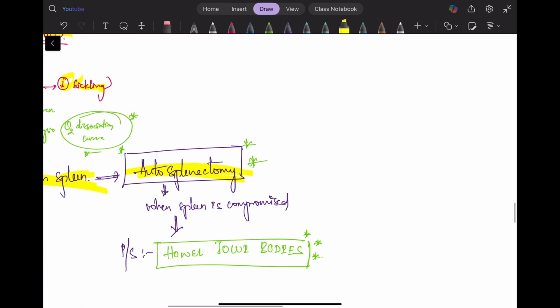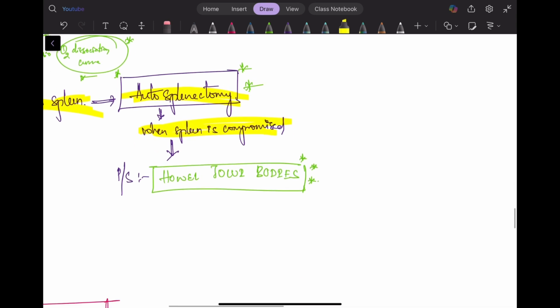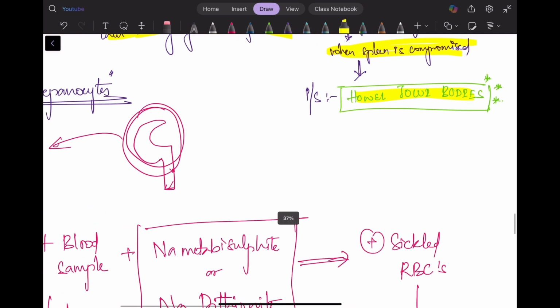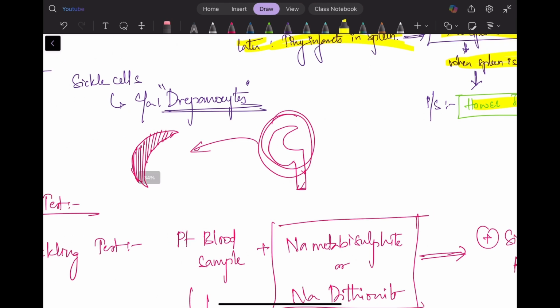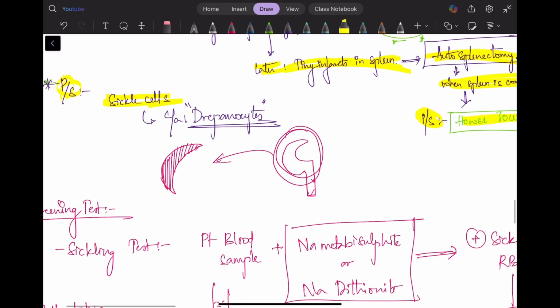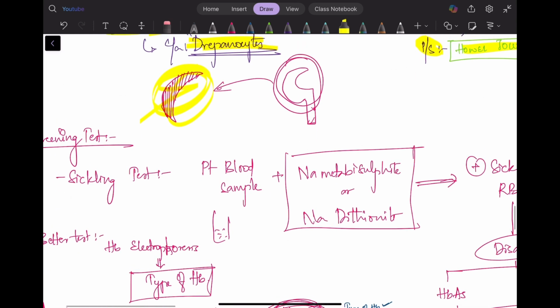If autosplenectomy happens, the spleen will be compromised, which leads to a very important finding in our peripheral smear, Howell-Jolly bodies. On peripheral smear we see Howell-Jolly bodies. Other than that we'll see sickle cells, which we call drepanocytes, sickle cells like this.